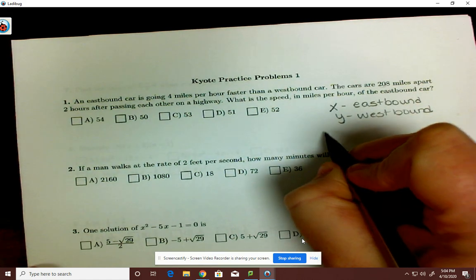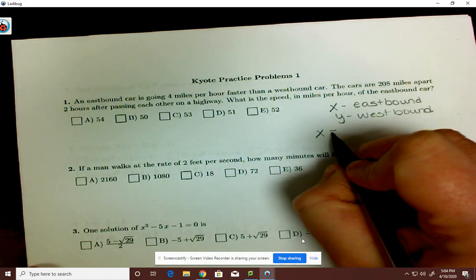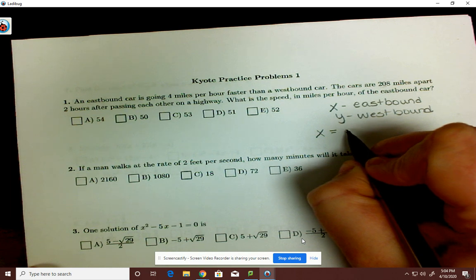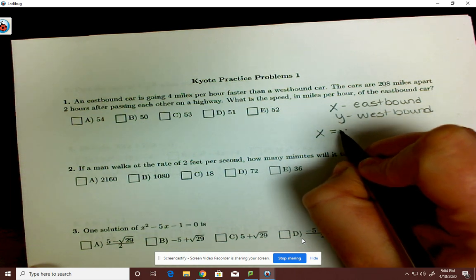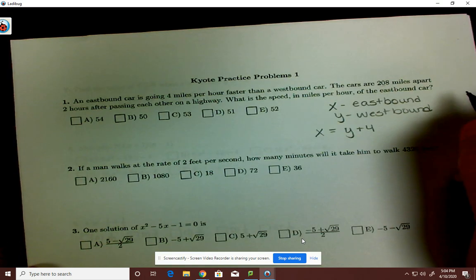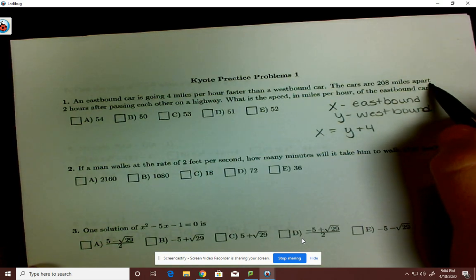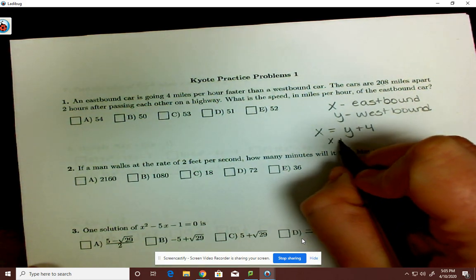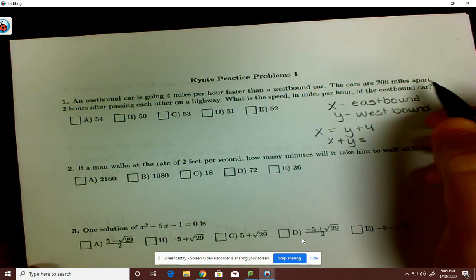So the eastbound car is going 4 miles per hour faster than the westbound car. So that would be like Y plus 4 is what the eastbound is. And the cars are 208 miles apart 2 hours after passing each other on the highway. So if I add their speeds together, that should give me what this is.